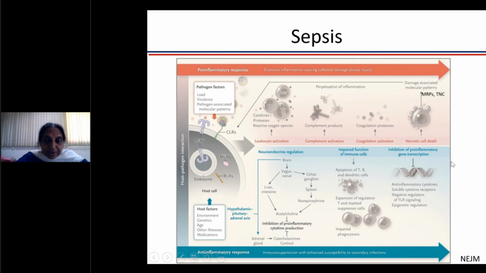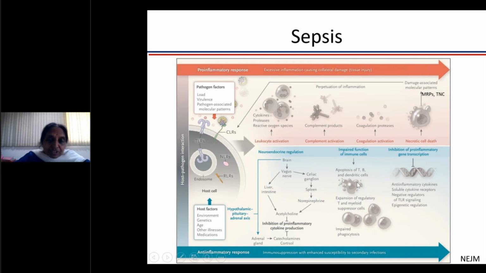If you have poor anti-inflammatory cytokines being produced, much less than what the inflammation is, the inflammation will keep on persisting. So people have shown that patients who get this systemic inflammatory response have defective regulation of the inflammation, which should normally happen by the neuroendocrine system, by increase in the transcription of anti-inflammatory cytokines, and inhibition of pro-inflammatory gene transcription. All that should happen.